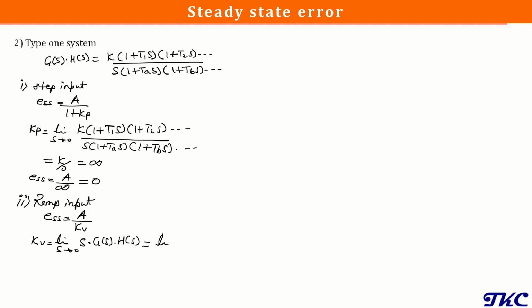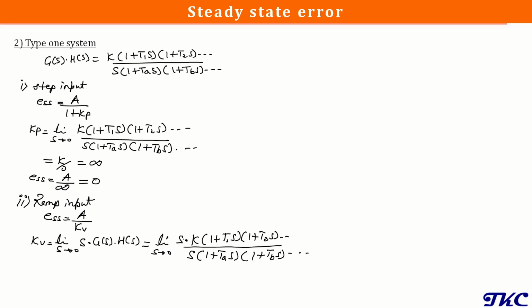So it will be limit s tends to 0 of s into K(1 + T1s)(1 + T2s) and so on, divided by s(1 + Tas)(1 + Tbs) and so on.